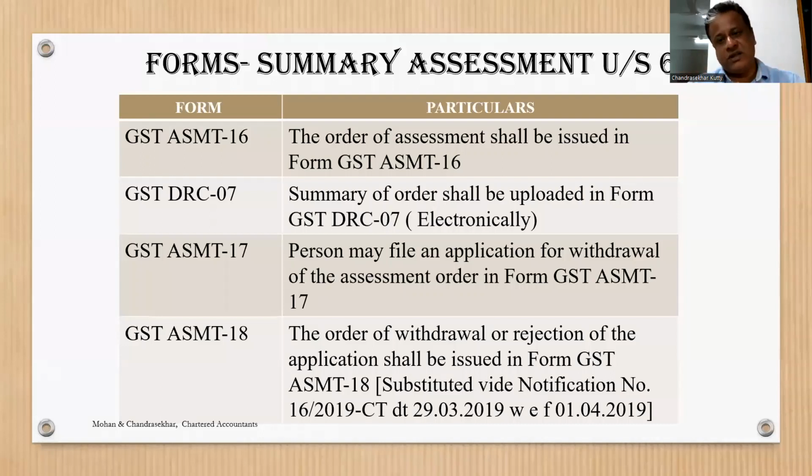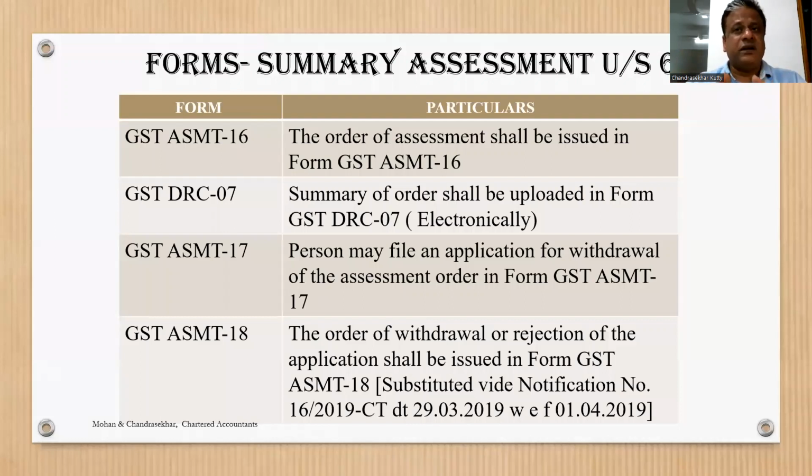Now your question is whether 26AS is matched with any other information. If the proper officer gets any information and tries to compare it with your monthly return, when you're talking about 26AS, it is very, very difficult to match with your monthly return or a tax period because it is a yearly return.